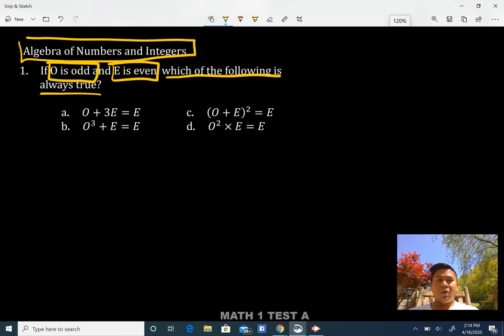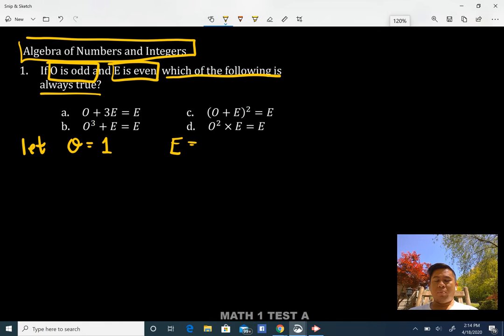There will be a lot of different approaches in answering this question, but for my case, I would assign an odd and an even number. In this case, I would say let my odd number be 1. We can also choose 3, 5, 7, 9, 11, and so on.